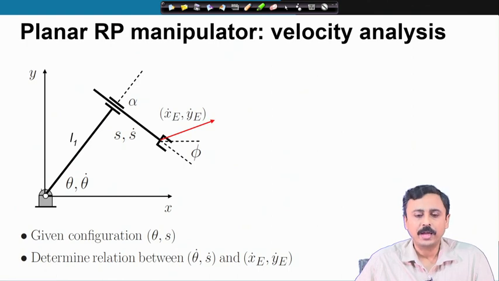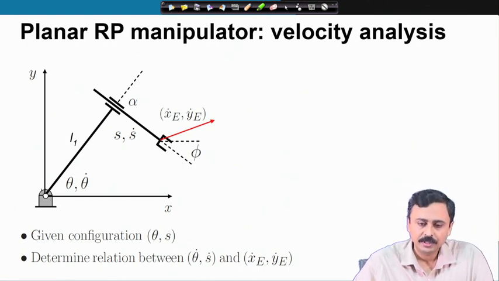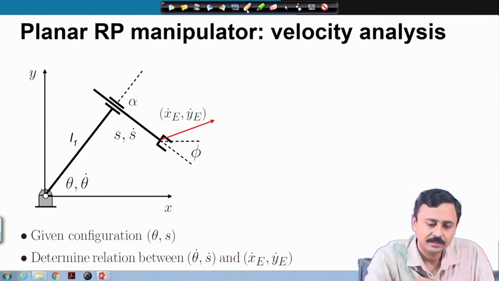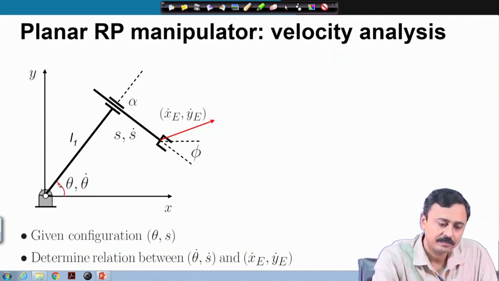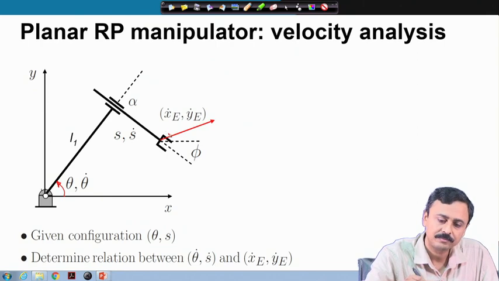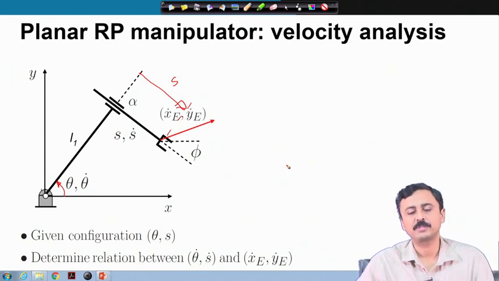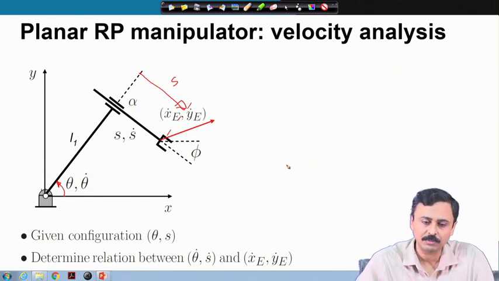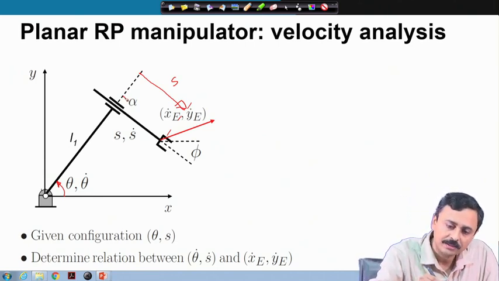Next, we are going to look at the RP manipulator. In this manipulator, we have this angle as our variable and the throw of this prismatic actuator as the other variable. The angle alpha is fixed.